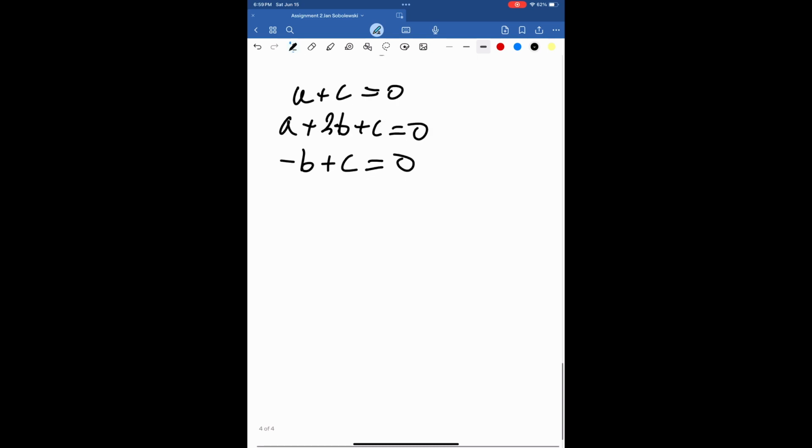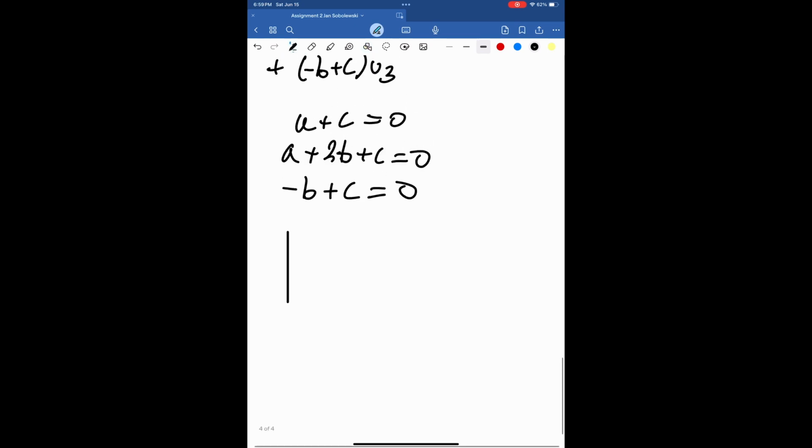So now let's set up our matrix. We got A, B, C. We got 1, 1, 0 for the first equation, then 1, 2, 1, then minus 1, 1, 0.